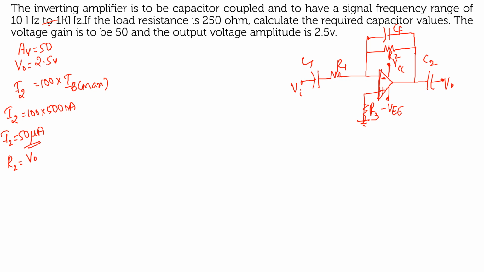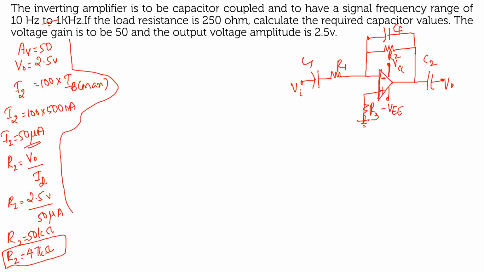R2 is equal to V0 divided by I1. What is your V0? V0 is given as 2.5 volts. I1 is nothing but equal to I2, which is 50 microampere. So R2 will be equal to 50 kilo ohm. So you are going to take R2 as 47 kilo ohm standard value. Okay, R2 you have got.